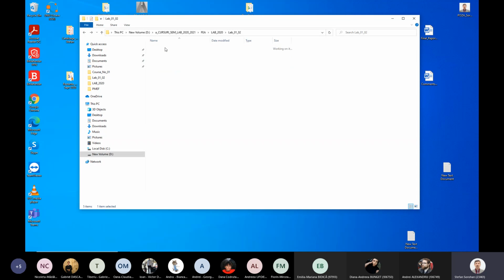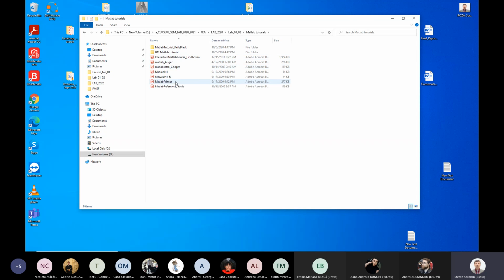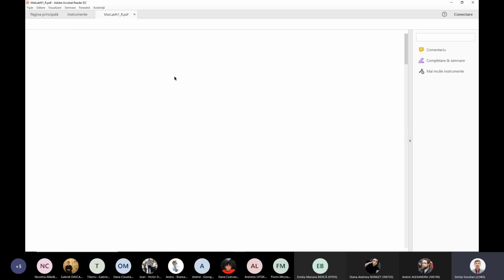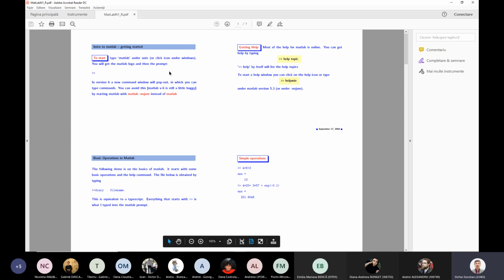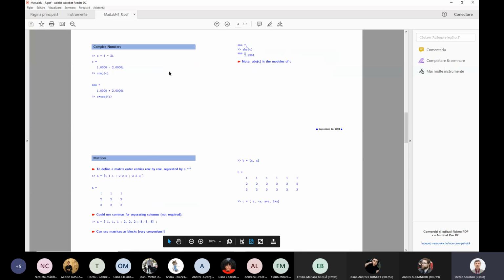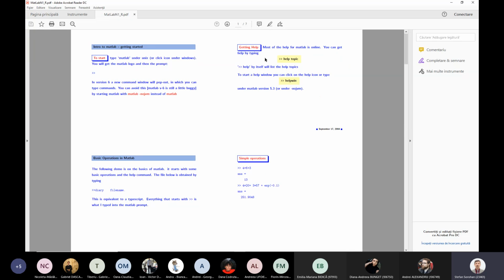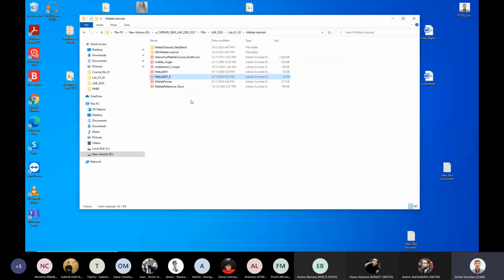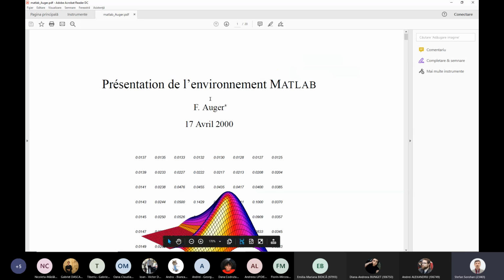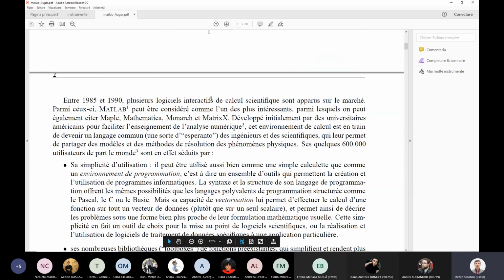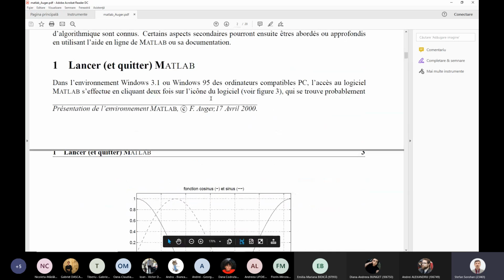For MATLAB, I will put there some tutorials. For example, if you take one, you can use some simple commands to understand better the Octave if you don't know, or this one, with more, this is in French.